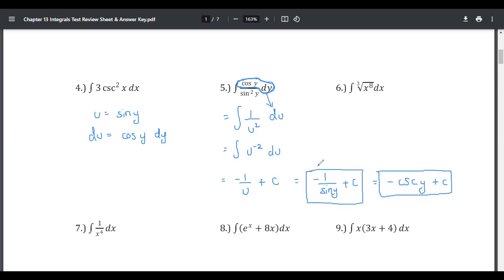Okay. Let me just write this down quickly. Squared u equals 2u plus c should equal negative sine y plus c.